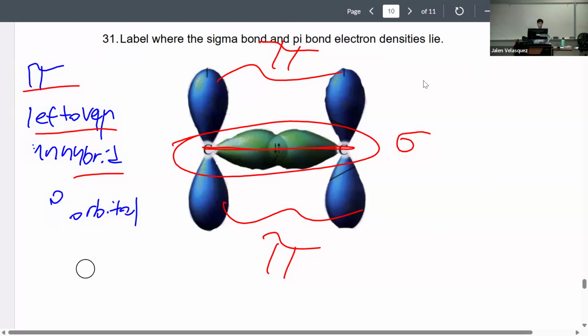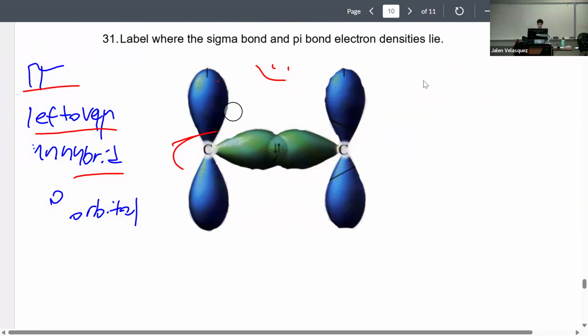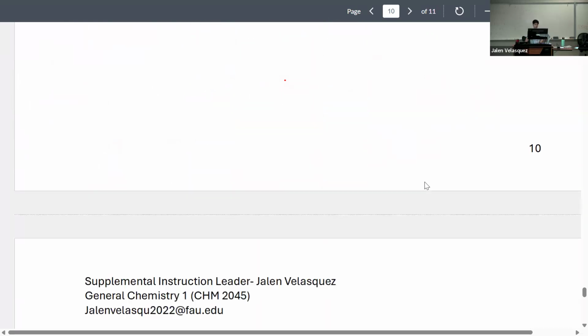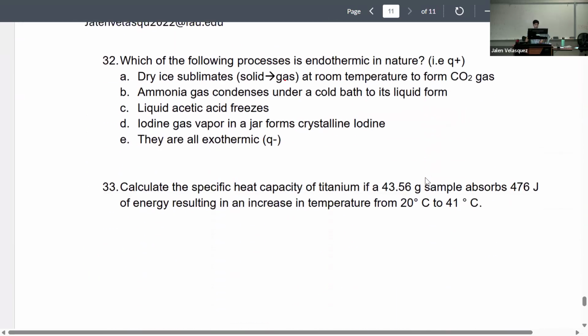Okay, moving right along. All right, number 32 says, which of the following processes is endothermic in nature? So remember, endothermic has a positive Q value.